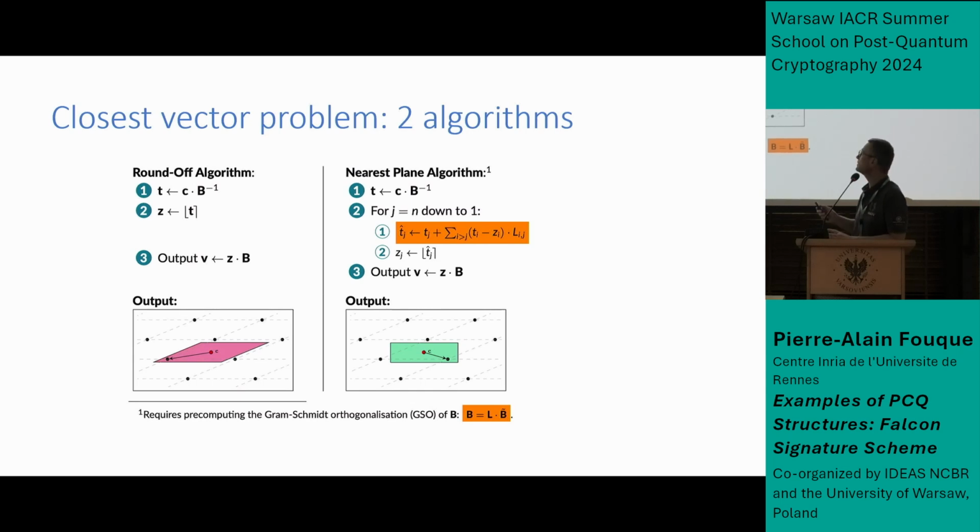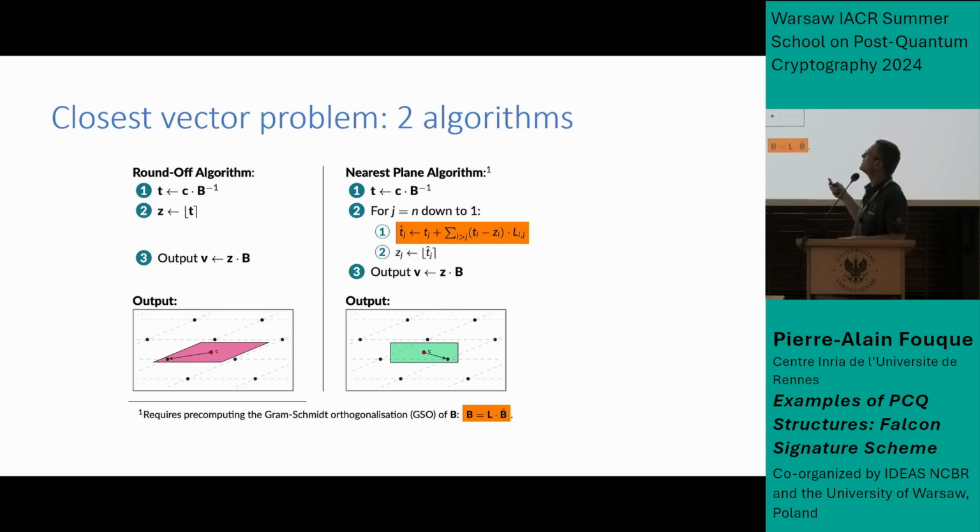These two algorithms have been described by Babai, and the difference is that here you have something that is very parallel, because for each coefficient we round the coefficient, so you can do this for each coefficient in parallel.